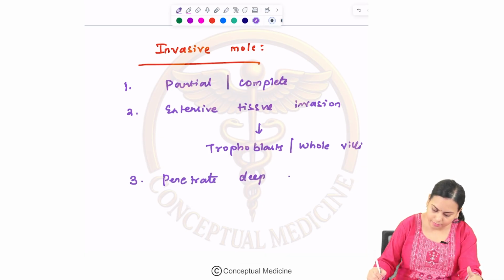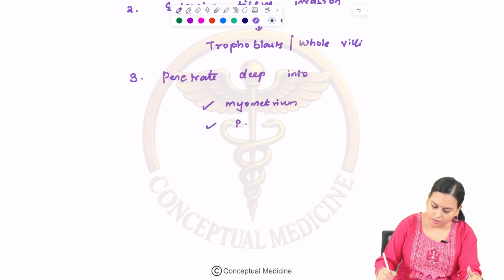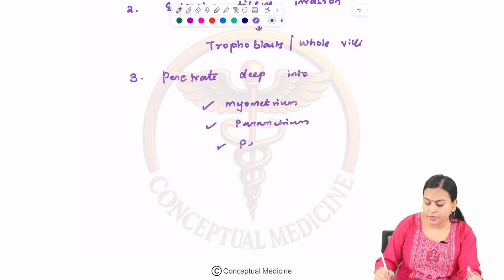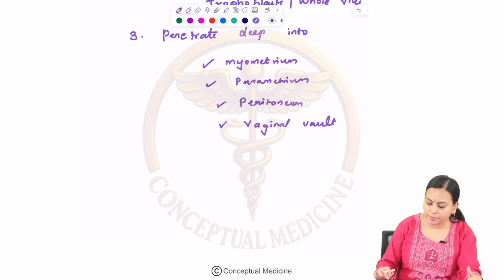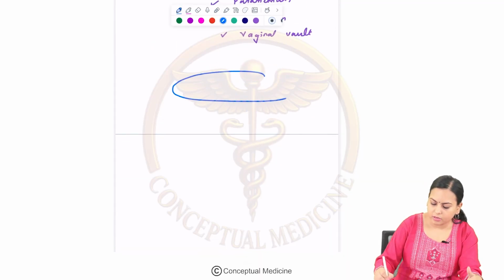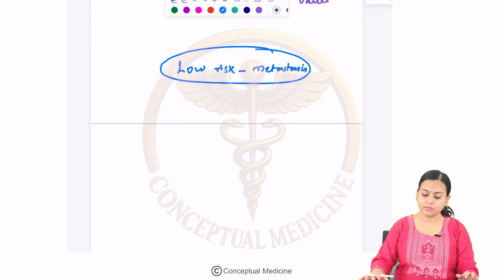So, they penetrate deep into the myometrium, parametrium, and sometimes it may even go to peritoneum or the vaginal wall. And remember, this type of mole which has become invasive has a low risk for metastasis. So, that is about the invasive mole.